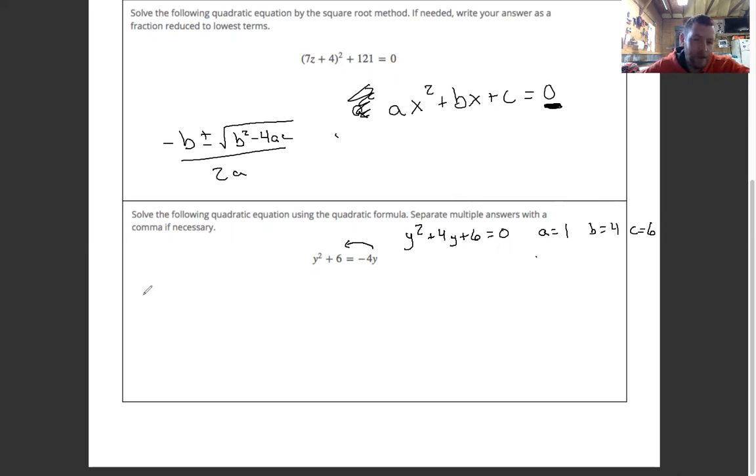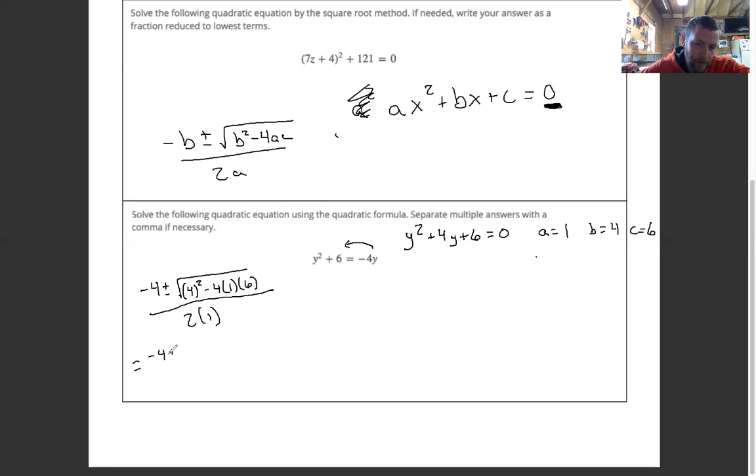So now I just plug it in the equation. So negative b, so negative 4, plus or minus square root b squared, so it'd be 4 squared, minus 4 times a, which is 1, times c, which is 6, all divided by 2 times a, 2 times 1. Okay. Now you just have to simplify it.